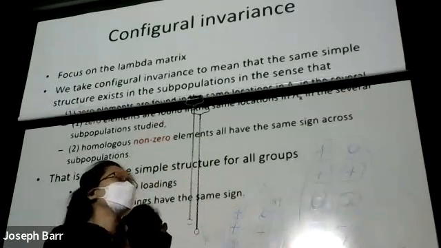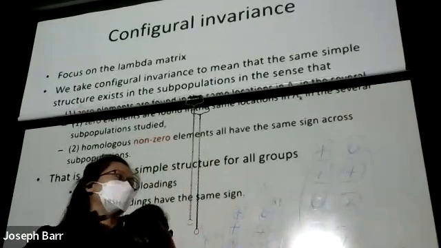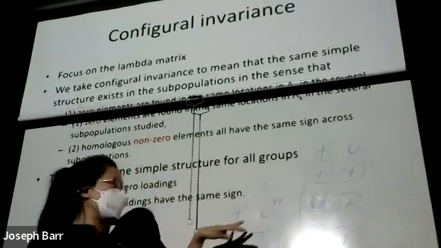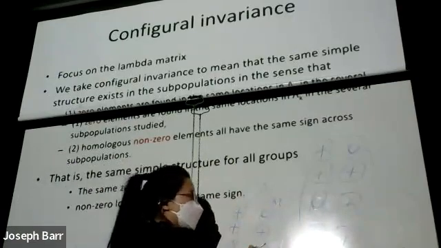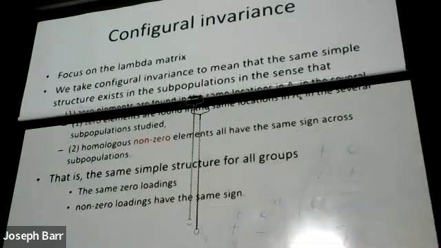The sign is different, so you should not continue to check the measurement invariance across these two groups. So at the very beginning, we just want to make sure of the same signs and the same zero loadings across groups.